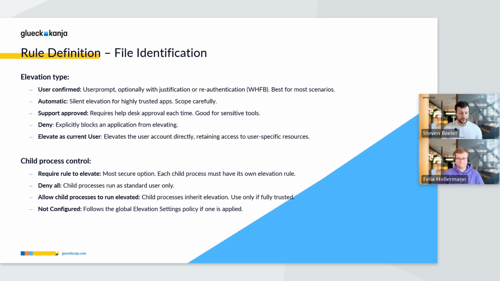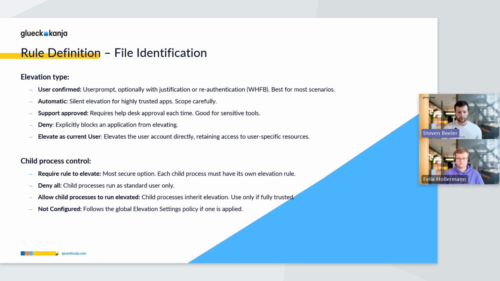And then last but not least, we also have elevate as current user. Felix already mentioned it: EPM uses virtual accounts for all the other elevation types. For elevate as current user, it elevates the physical user on the device with a token.